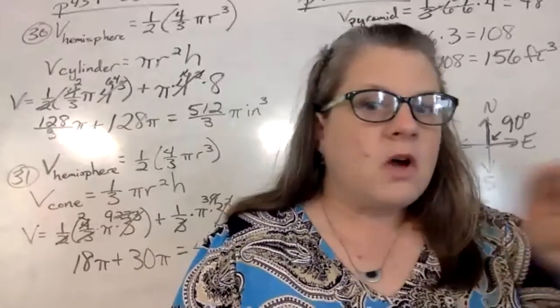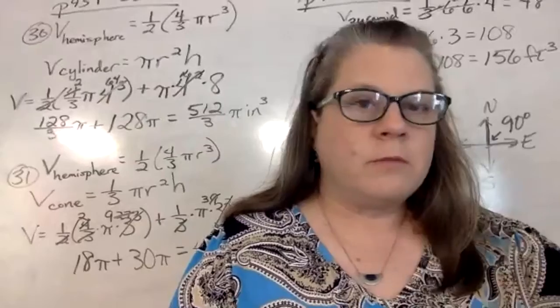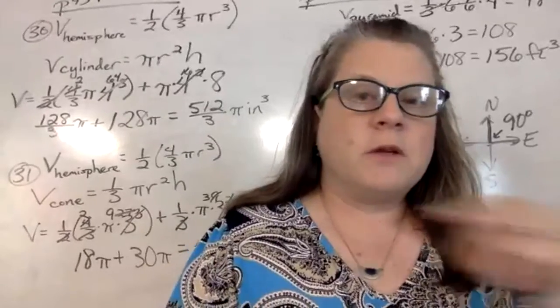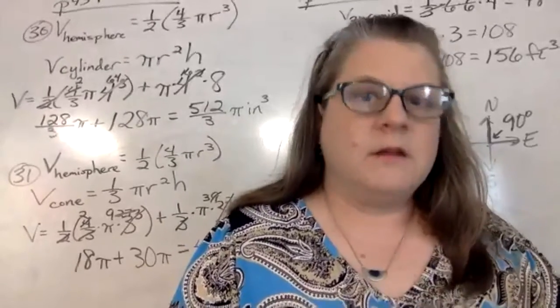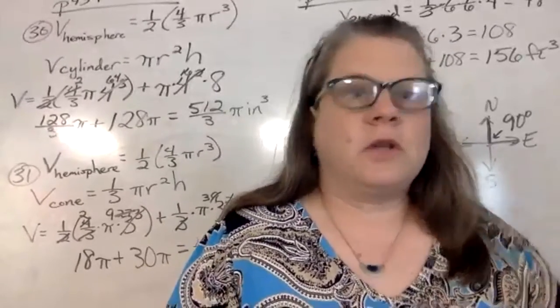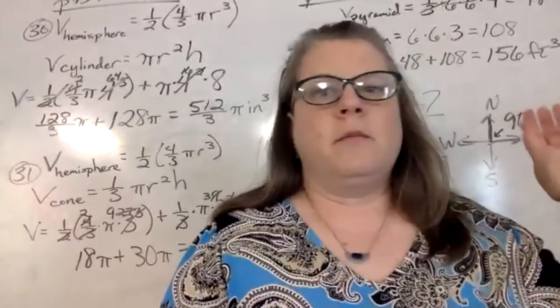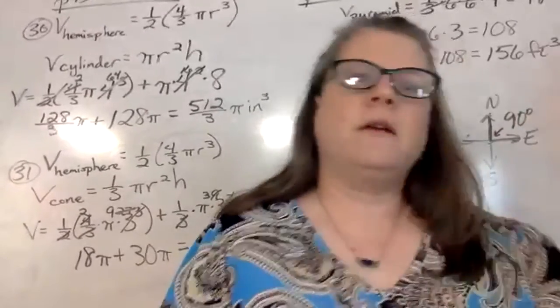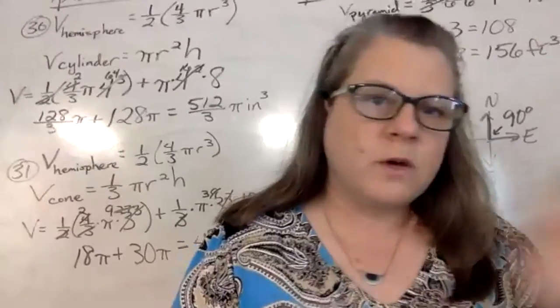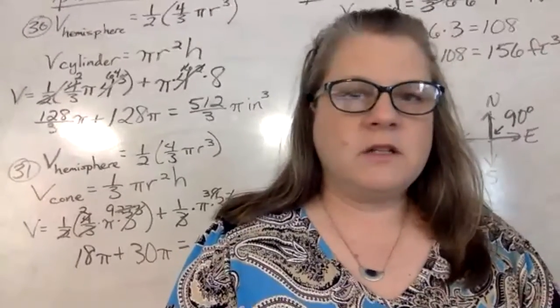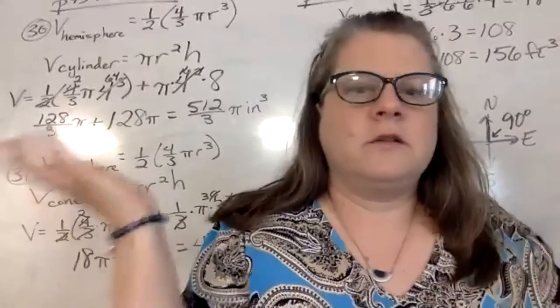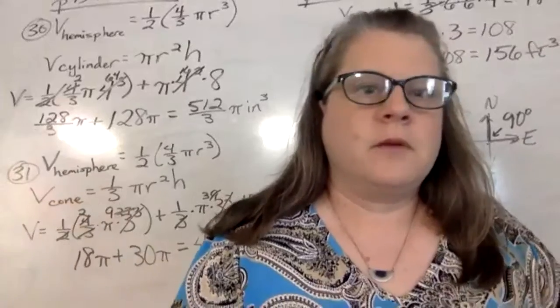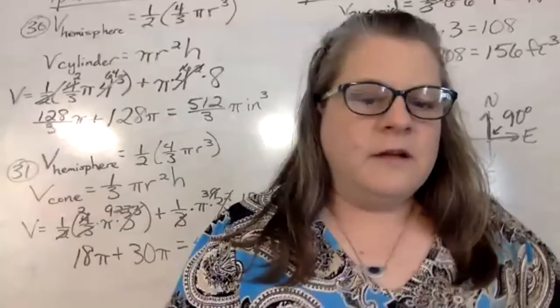You had a big long answer blank out in front of problem number 2, and that was where you were supposed to put what shape it was, whether it was a circular cone, a rectangular prism, a square pyramid, whatever it was. You were supposed to put those words in there. Most of you didn't do that, so that was like 5 points that you just threw away.